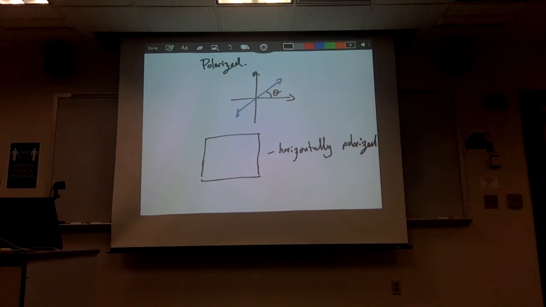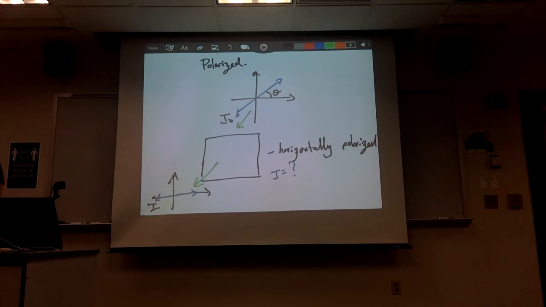Once this light passes through, by the time it comes over here, the light will only be polarized along the horizontal direction. So what we want to know is by how much the intensity has been reduced. Let's say initially this comes in with an initial intensity, and afterward it comes out with a final intensity. My light is moving in this direction, from here to here. So what I want to know is what happens to the intensity.